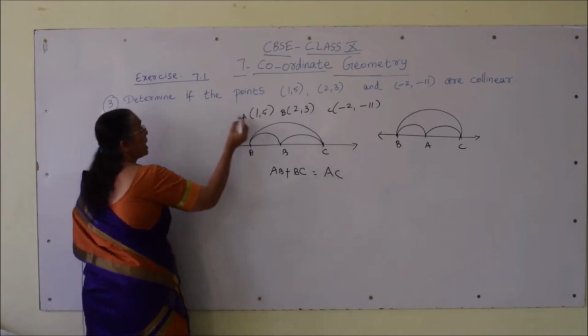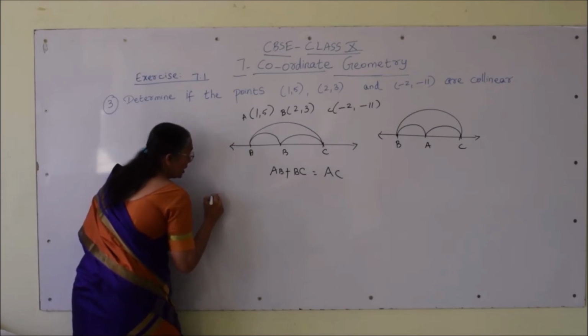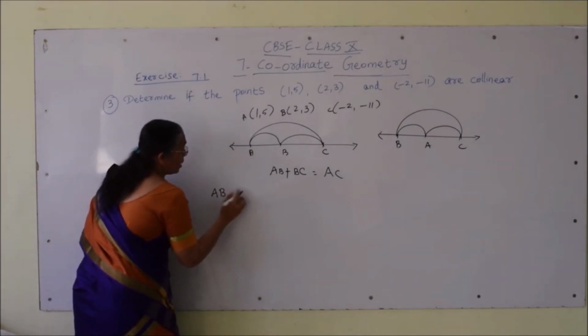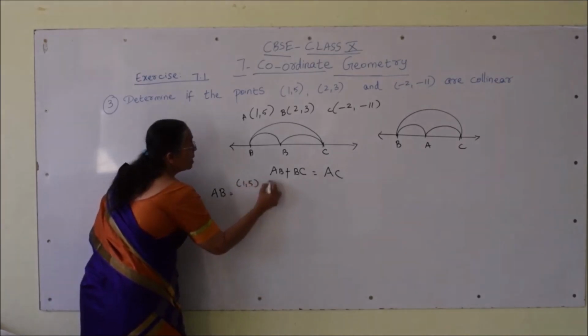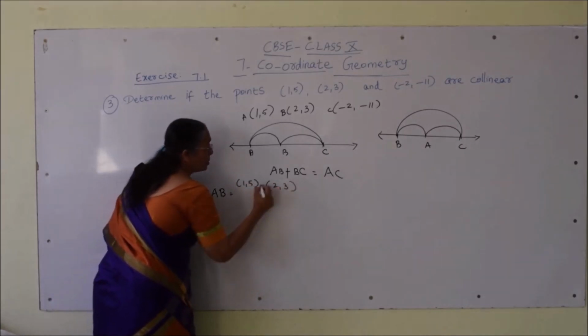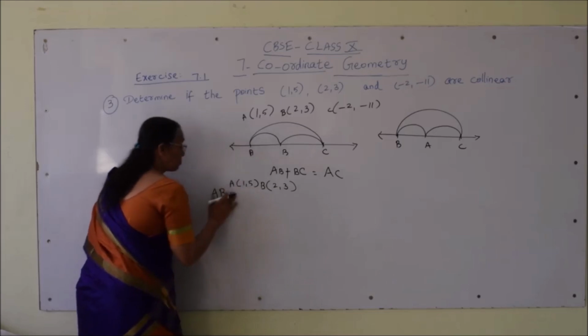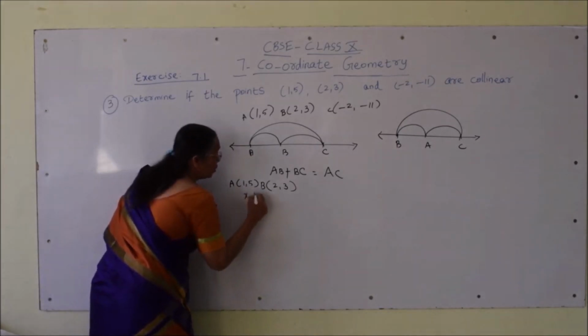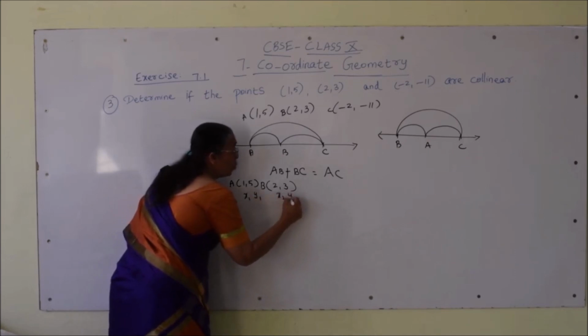So, we consider A as (1, 5). Let us first find out the AB distance. A is (1, 5) and B is (2, 3). We need the AB distance, so for that this is x1, y1, x2, y2.